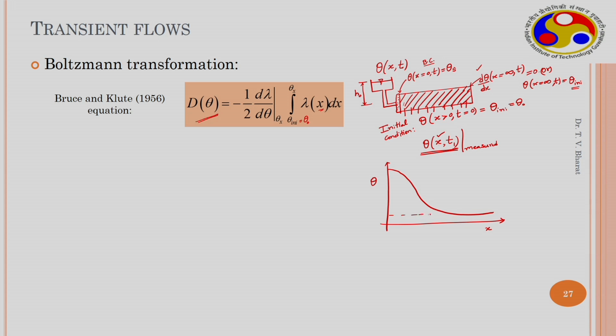So, this is equal to theta initial or theta naught, and this is theta s. Beyond this point the water has not reached. So, the wetting front is somewhere here, but there is a water distribution within this entire space from theta s to theta initial value.